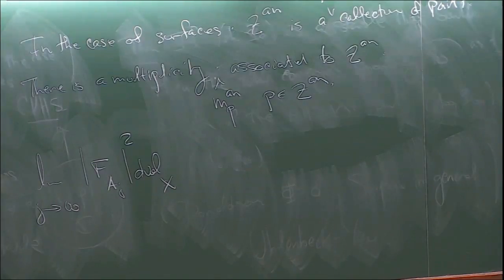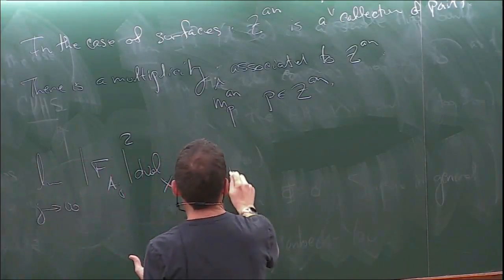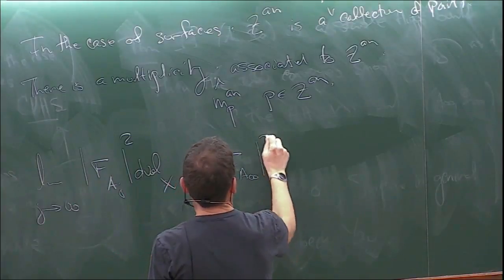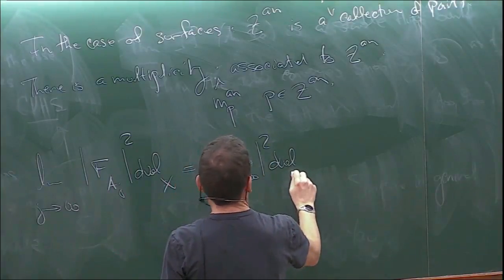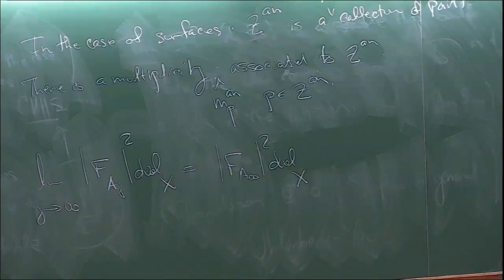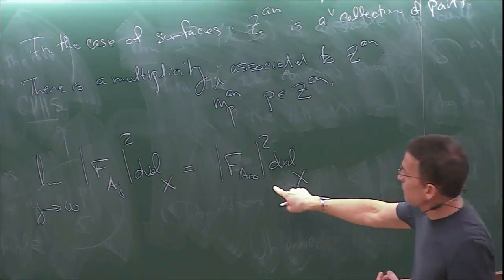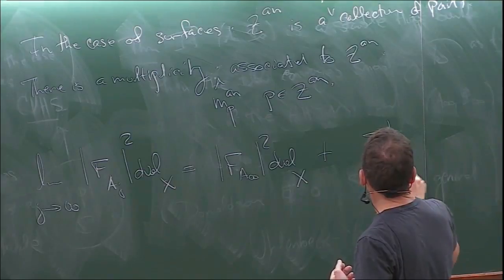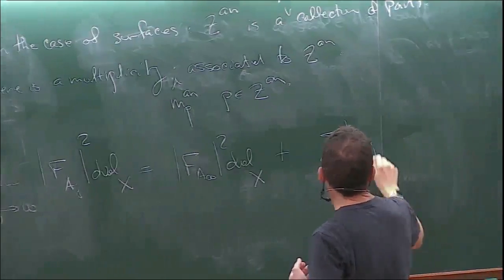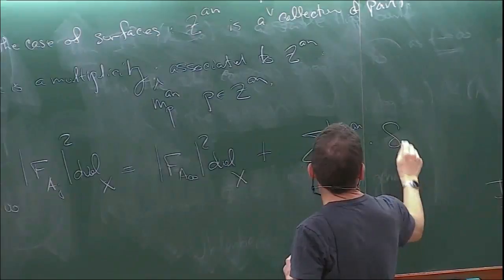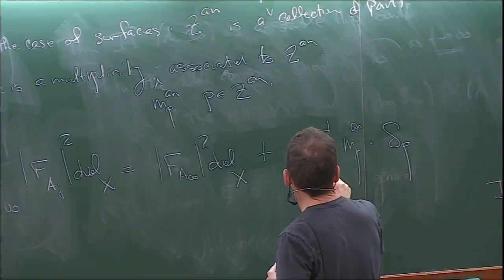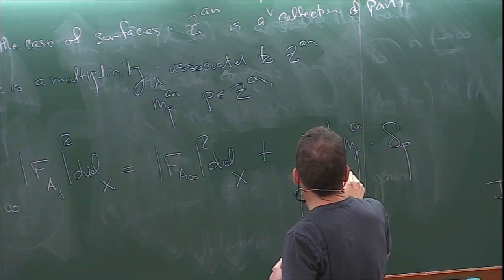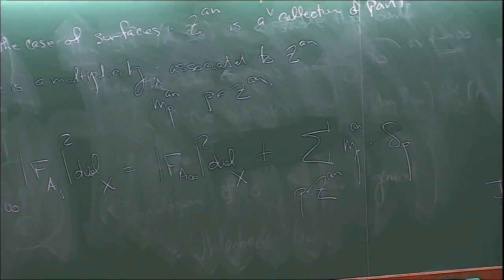So I think of this as a measure, and you would guess that if you have good convergence, it would be just the limiting thing, but of course we only have convergence away from the singular set Z, and so maybe this holds away from Z. In fact, it does hold away from Z, but there is a correction, and that correction is exactly given by the multiplicity times Dirac measures. Okay, so this is built into Uhlenbeck's work.